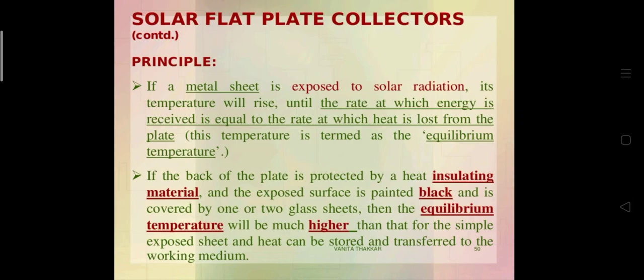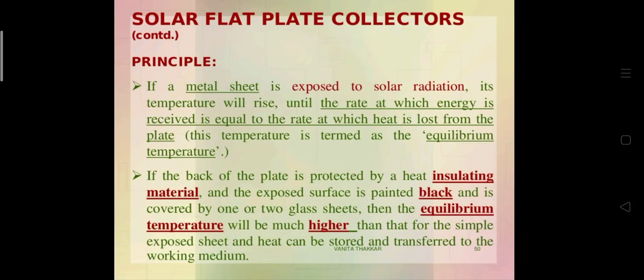A simple principle: a metal sheet is exposed to solar radiation, and its temperature will rise until the rate at which energy is received is equal to the rate at which it is lost from the plate.